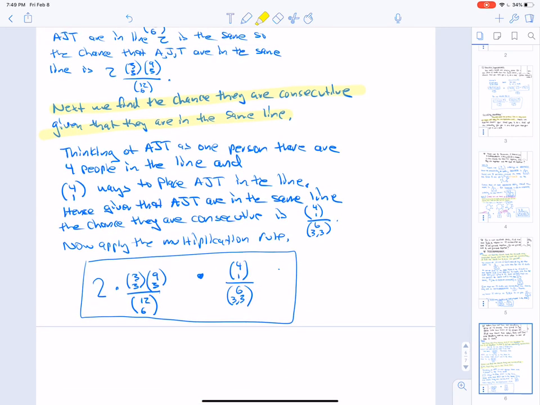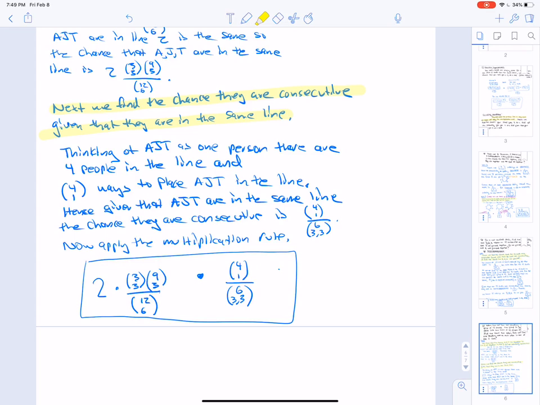So for the second part of the problem, we're going to find the chance that they're consecutive, given that they're in the same line. Here we're going to use the same idea that we used in the previous example. First of all, the chance that Adam, Jess, and Tom are consecutive at the front of the line would be 1 over 6 choose 3, 3.